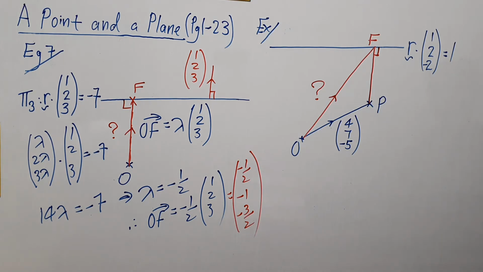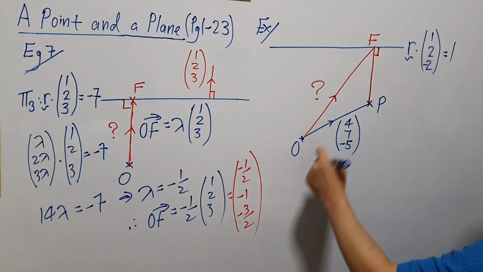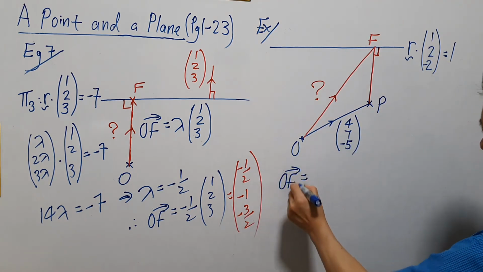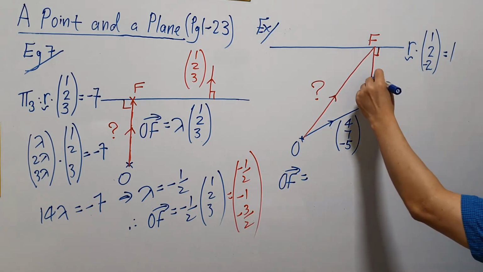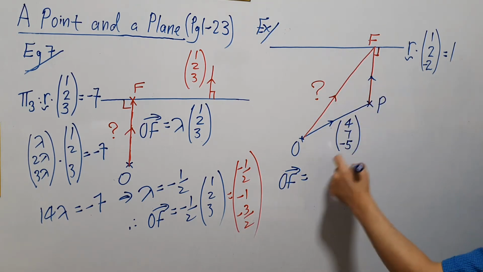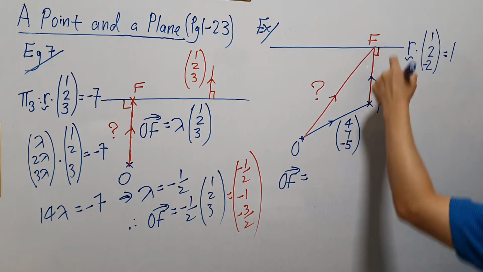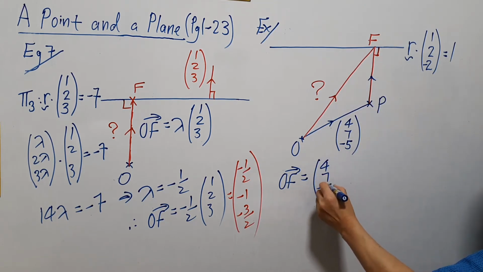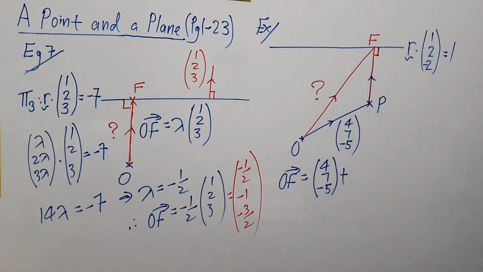You want to start off by noticing that the vector OF can be written as OP plus PF. What do you think I will write down for PF?